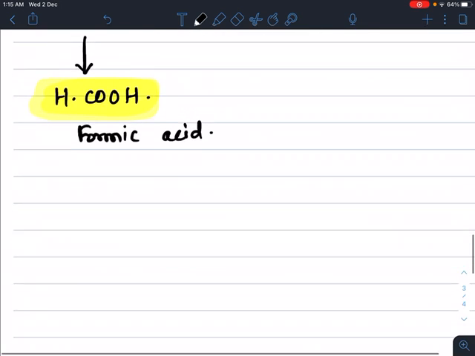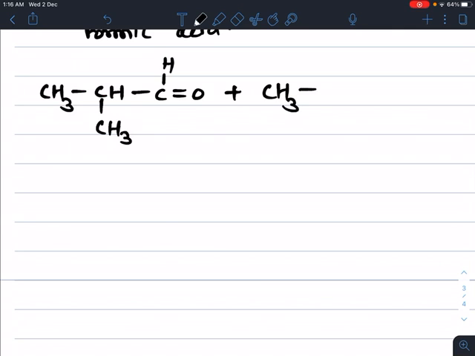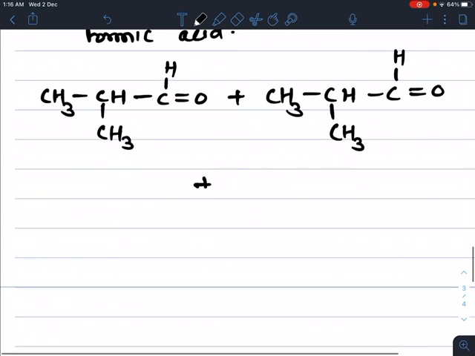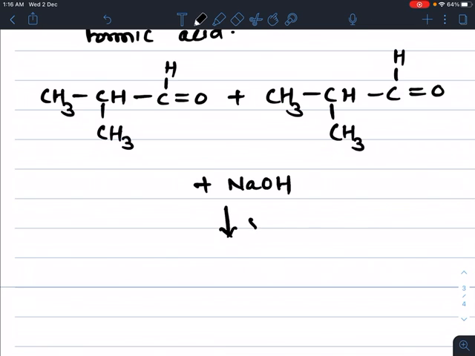If we take an example of isobutyraldehyde, the formula of isobutyraldehyde is (CH3)2CHCHO. When two molecules of isobutyraldehyde undergo the Cannizzaro reaction, what do we get? It is treated with concentrated NaOH or 50% NaOH and the mixture is heated. One molecule is oxidized and the other is reduced.